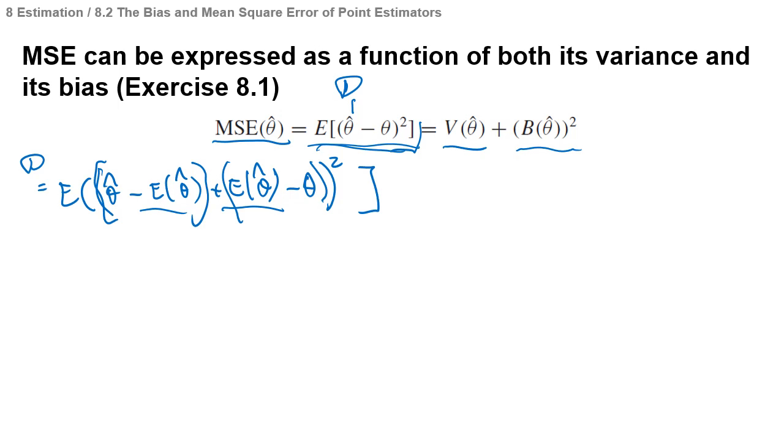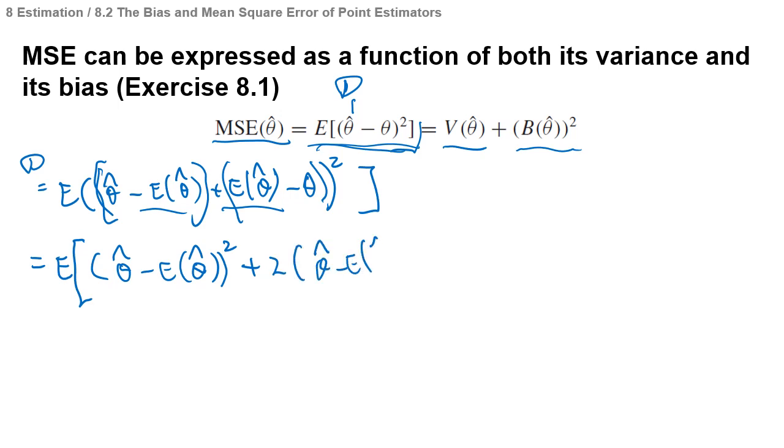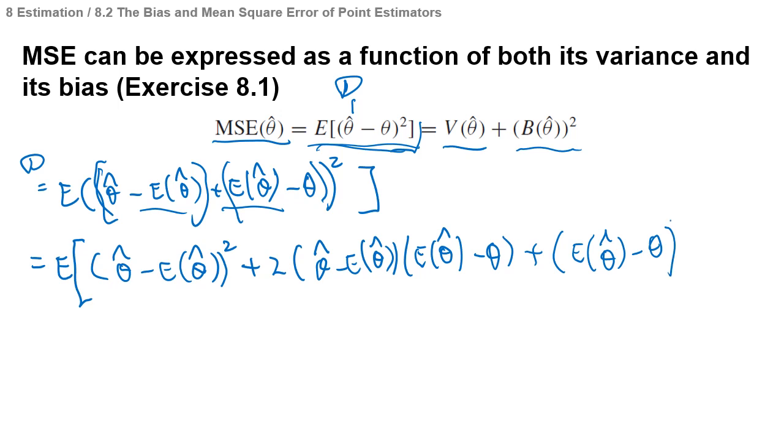Then this becomes the expected value of (theta hat minus expected value of theta hat) squared, plus 2 times (theta hat minus expected value of theta hat) times (expected value of theta hat minus theta), plus (expected value of theta hat minus theta) squared.